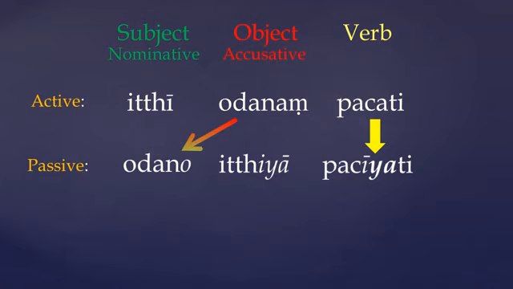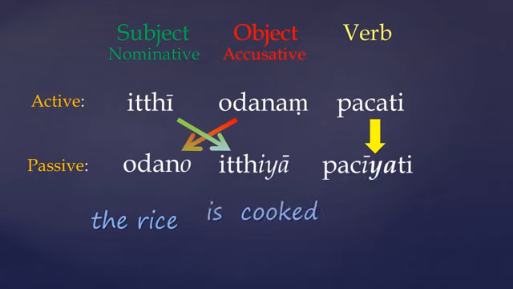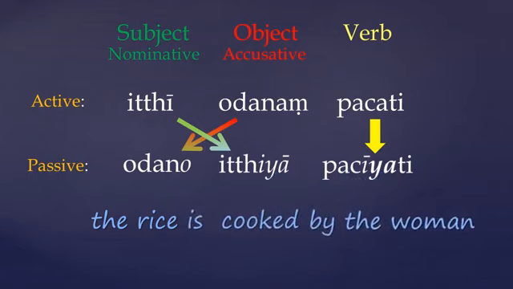And like a present tense verb, we use the primary personal endings to do this. Finally, the agent, which is in nominative case in the active sentence, is now placed in instrumental. And if we now translate this back into English, because the verb has a present tense ending, we use the present tense in English. So we get the rice is cooked, or even the rice is being cooked.